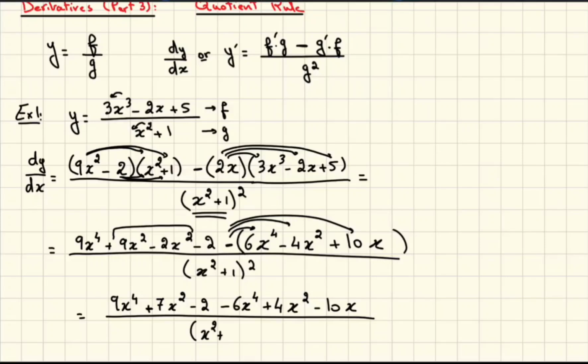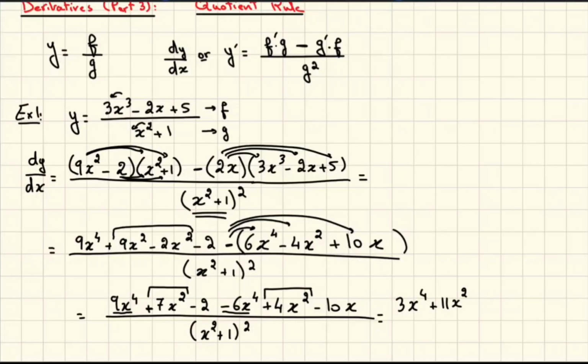Now I look at the numerator. If there is anything to simplify, we will do it. I can notice that we have 9x exponent 4 and negative 6x exponent 4. So 9 minus 6 will be 3x exponent 4. Then the x squared terms together: 7 plus 4 will be plus 11x exponent 2.